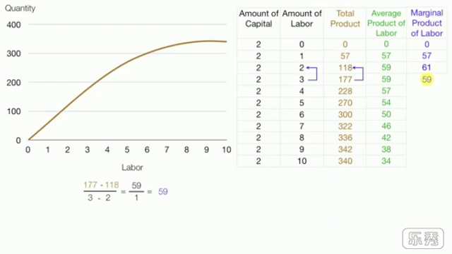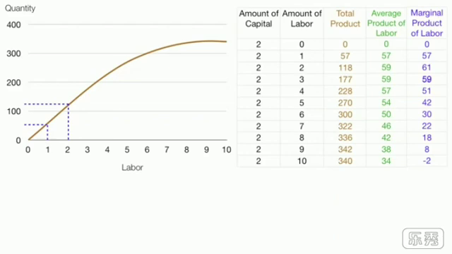So the marginal product of labor moving from 2 to 3 labor units is 59. And now I'm just going to plug and chug the numbers into the table. Marginal product of labor. It's all in blue, obviously. And the last value is -2, which is kind of interesting. We'll talk about that more in a little bit.